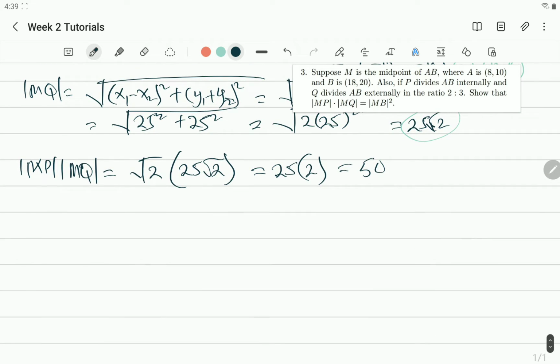Now I'll also calculate the right hand side of the proof. We are told that MB squared should eventually be the same as the left hand side. So let's calculate that.